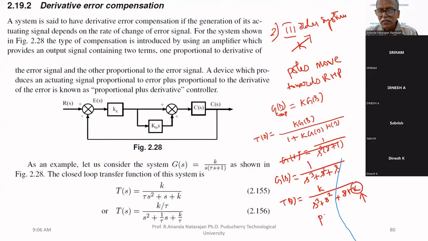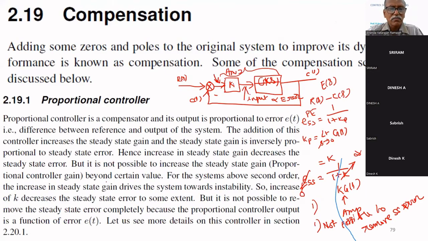That's why the poles will be varying as k varies. From third order onwards, suppose I'm having a third order system like this.